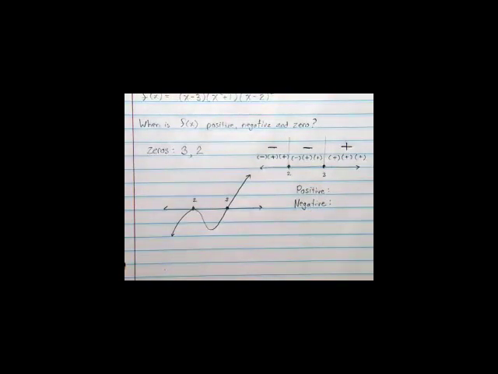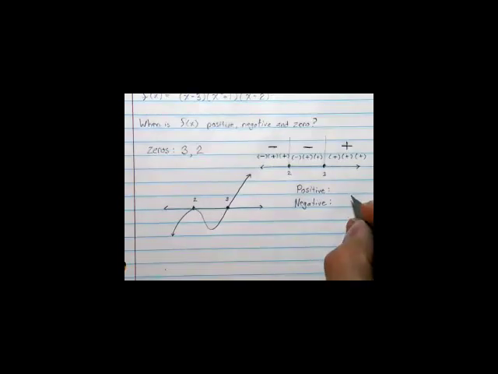So what is the positive interval? 3 to infinity. And do I include the 3? No. Right at 3, is that positive? Not technically, it's 0, right? So it's 3 to infinity. And then where is it negative?